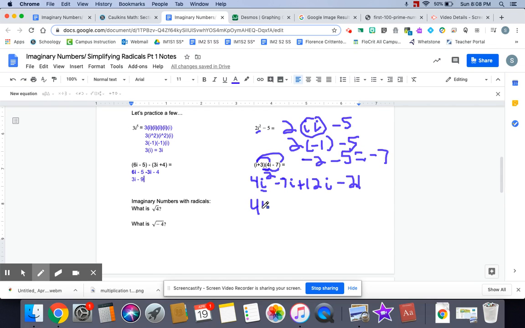Instead of i squared, I'm going to put parentheses negative 1. Then negative 7i plus 12i, they're both i, so I can combine them. And if you owe me 7, then you get $12, you're going to end up at positive 5i.